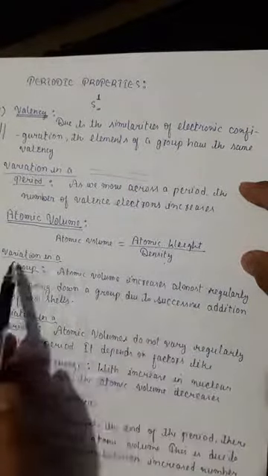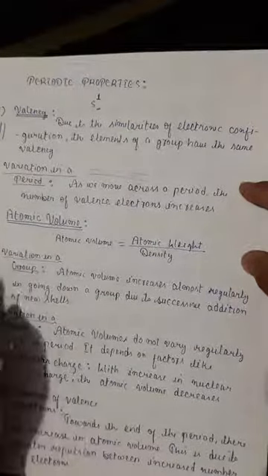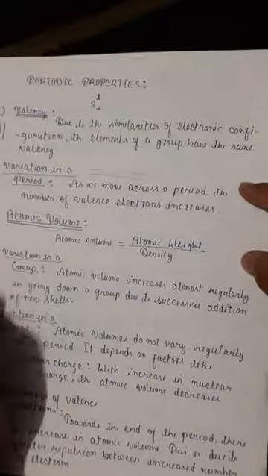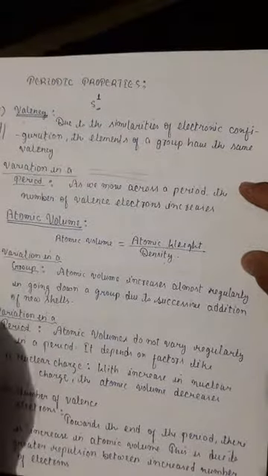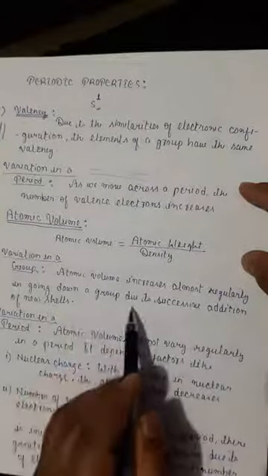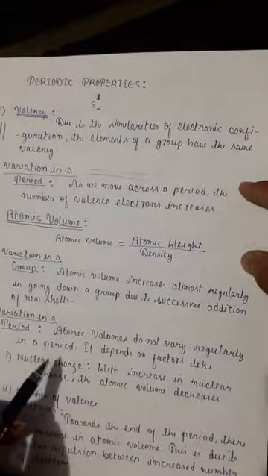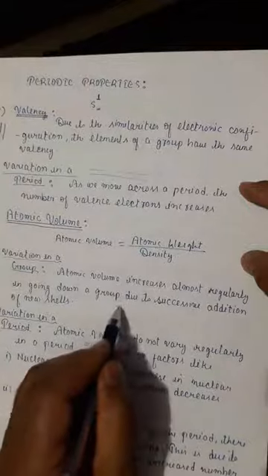Now how does this atomic volume vary down a group? So you are moving from top to bottom in the group. Atomic volume increases almost regularly in going down a group. You know why? Because as you go down the group, there is successive addition of new shells.